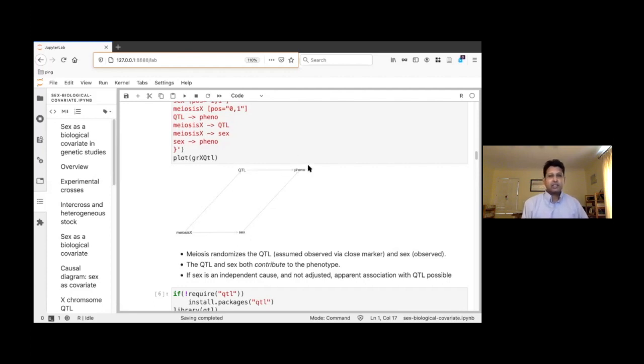So this is one way of thinking about why for X chromosome QTL, we need to think about the role of sex a little more carefully than we would for autosomal QTL.